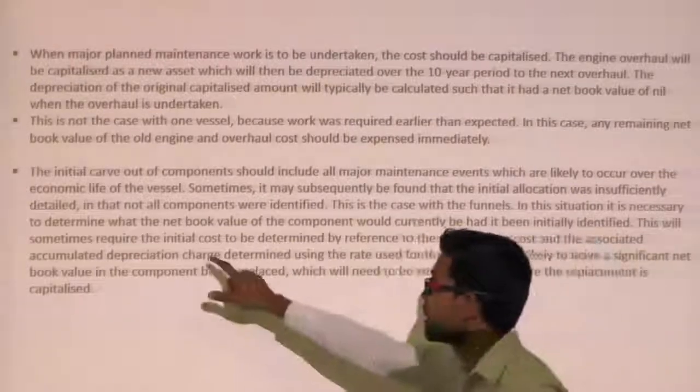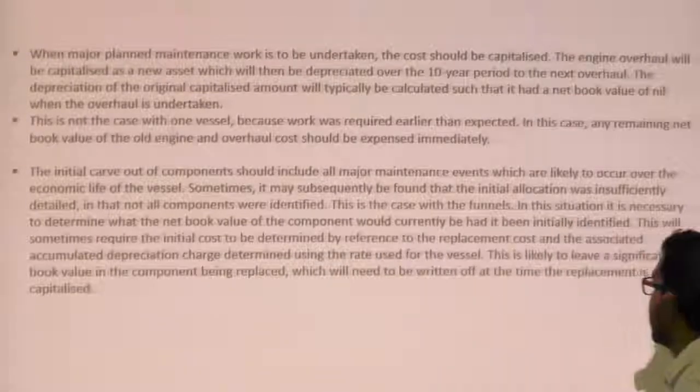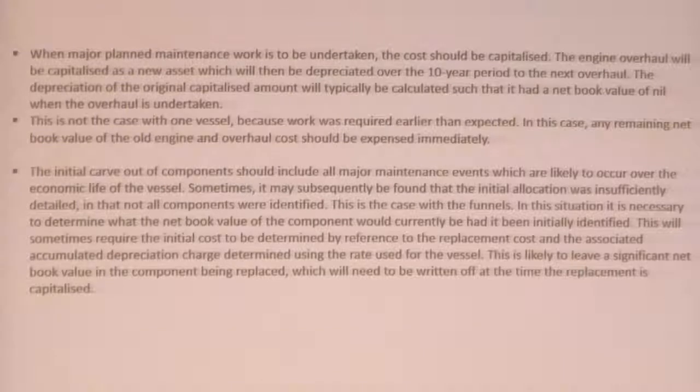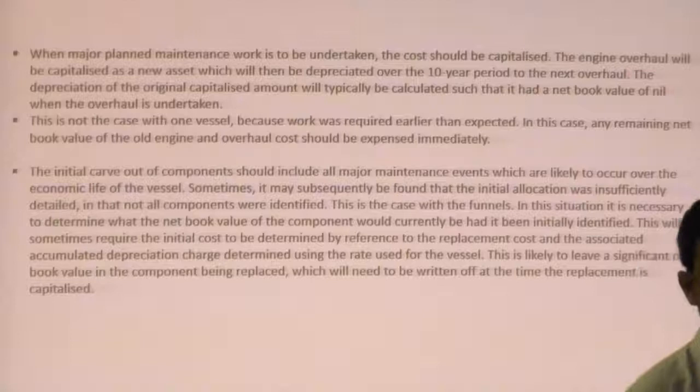This will sometimes require the initial cost to be determined by referring to the replacement cost and the associated accumulated depreciation charge determined using the rate used for the vessel. This is likely to leave a significant net book value in the component being replaced, which will need to be written off at the end of the replacement capitalization.